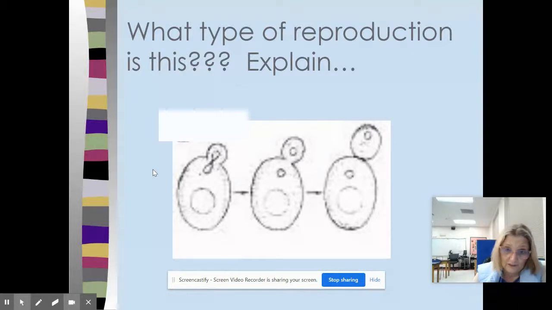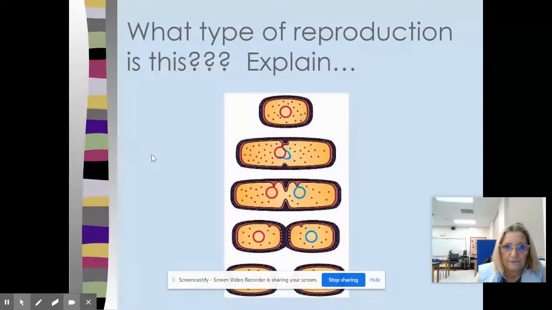Okay, if you look at this, again, this type of reproduction, you have a growth happening on the main cell, and then it is breaking off. Here we have one cell.